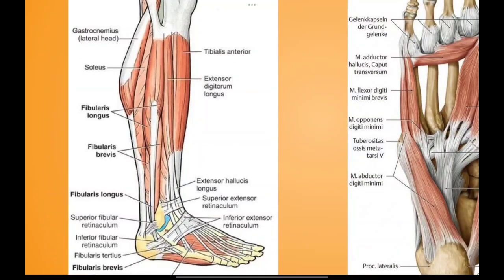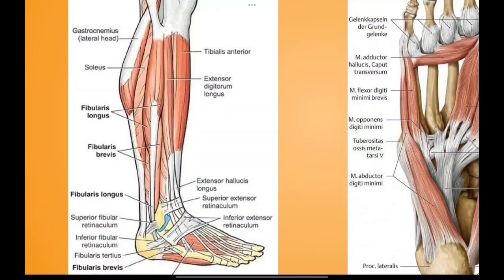It helps in plantar flexion, the calf muscles. Now fibularis longus and brevis.